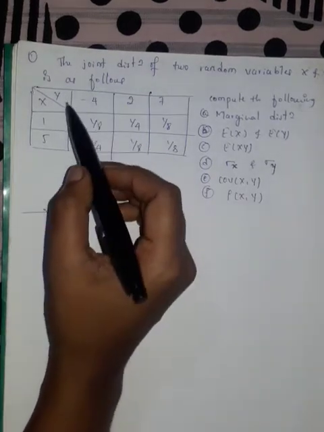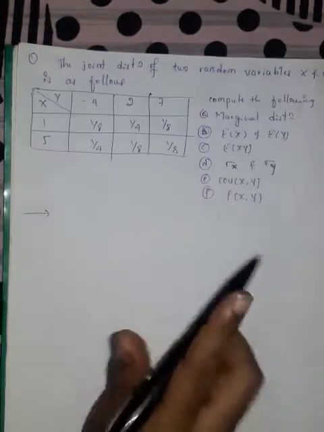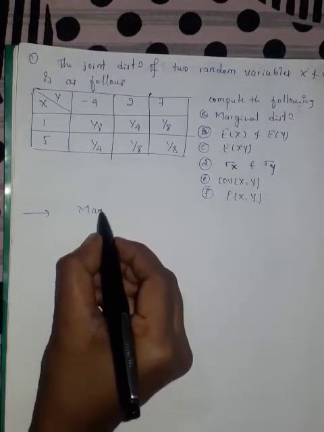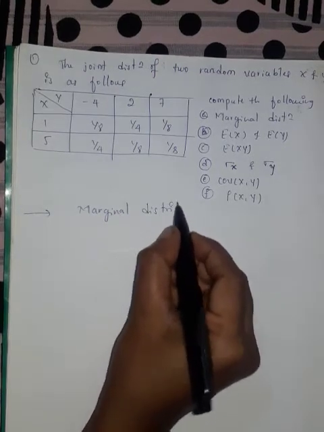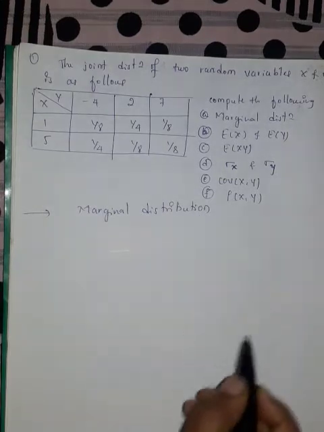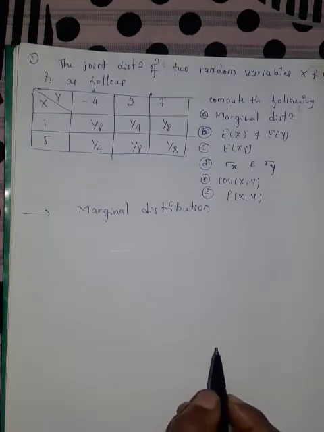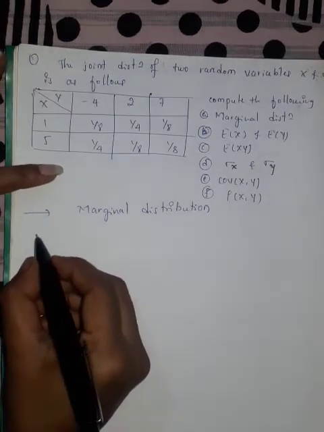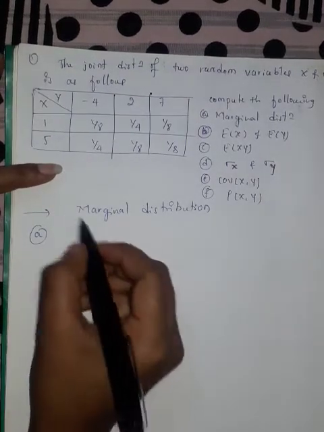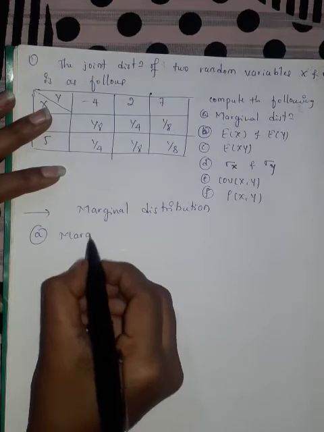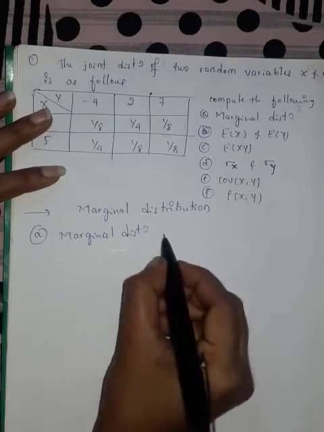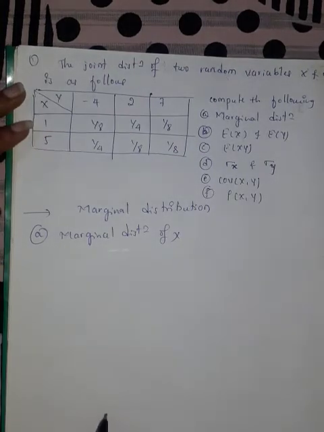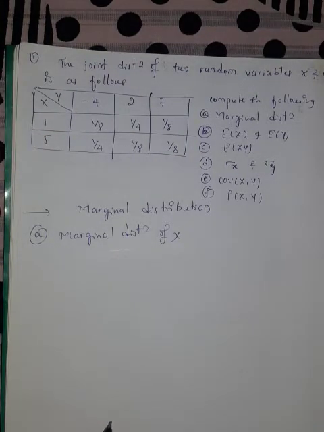They gave the joint distribution table here. Using this joint distribution table, first we have to compute the marginal distributions, the marginal distribution of x and the marginal distribution of y. So first we find the marginal distribution of x.